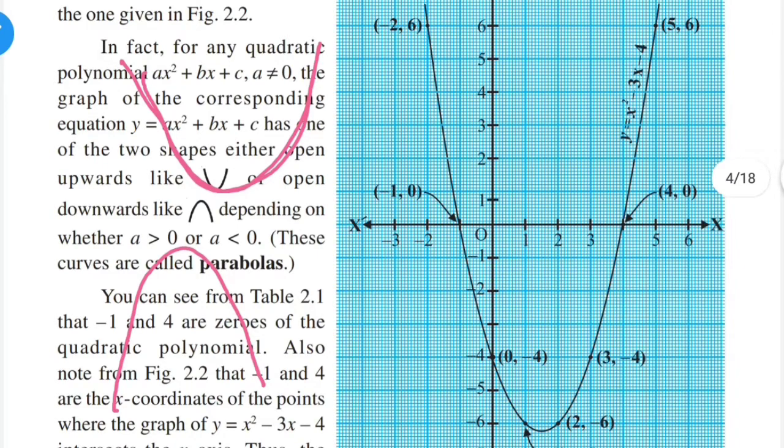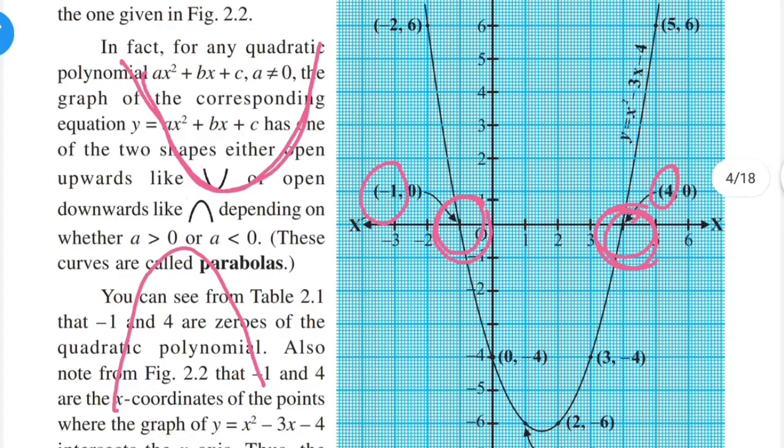Here also, the graph intersects the x-axis at 2 points. So from this we can understand that this quadratic polynomial has two zeros, because the graph intersects the x-axis at 2 points, and the zeros will be the x coordinates of the intersecting points, -1 and 4.